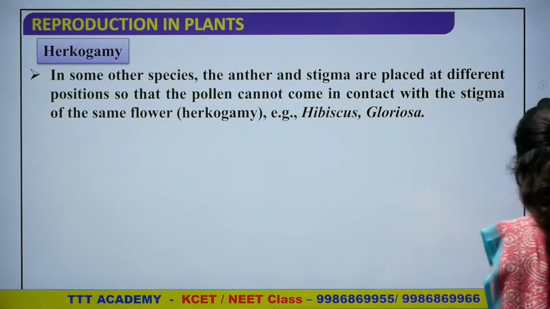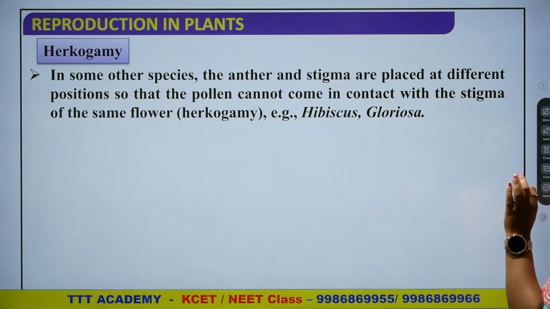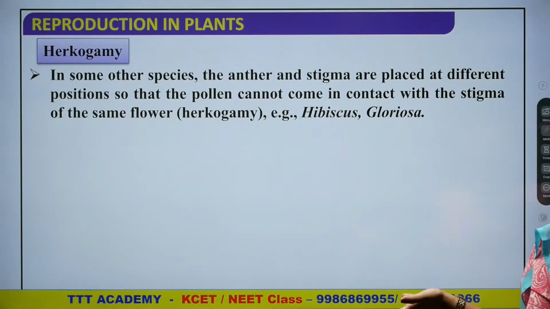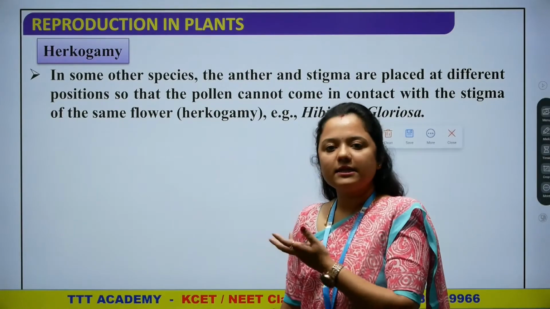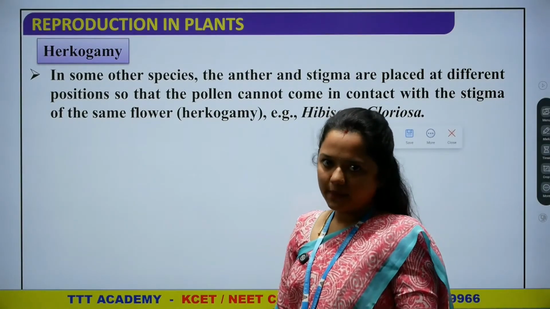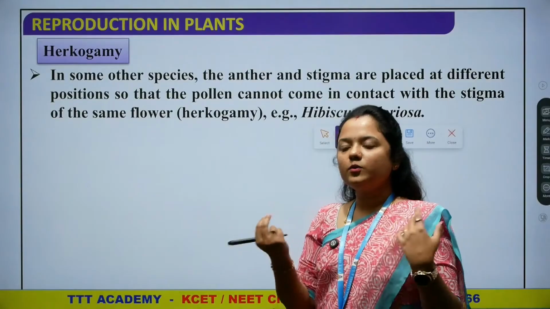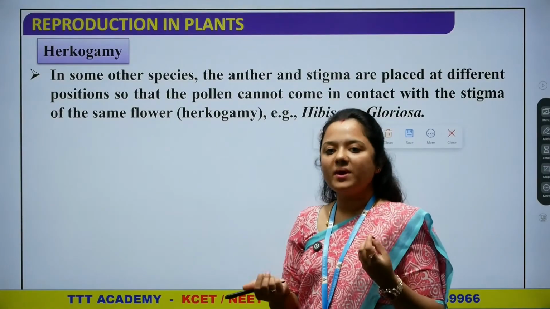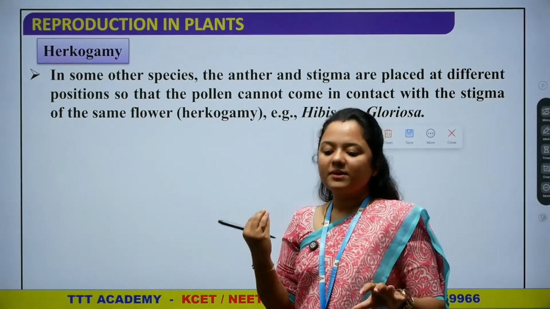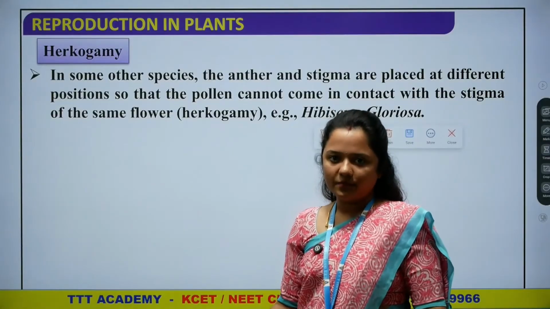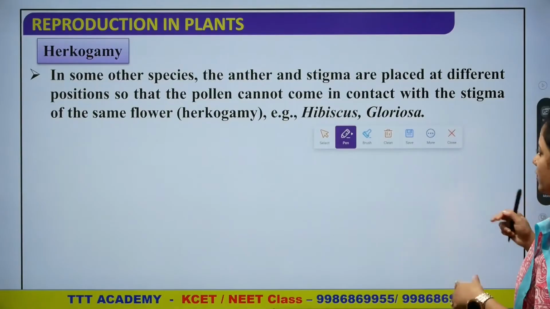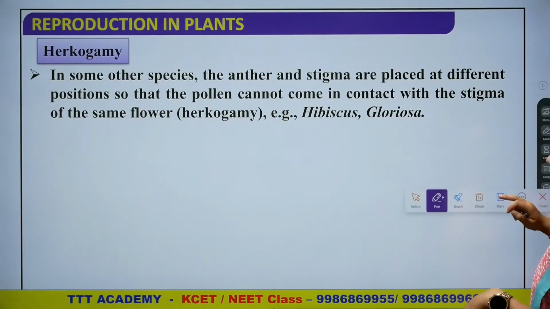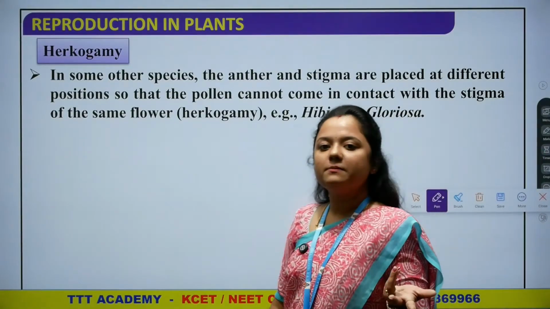Now the position matters. There, the synchrony was not seen. If one was ready on one day, the other gamete was not ready, right? So there we could not see the compatibility or the maturity at the given time. We could see the difference in release of pollen grains or readiness of the stigma to become receptive.